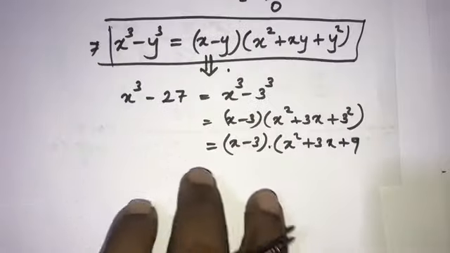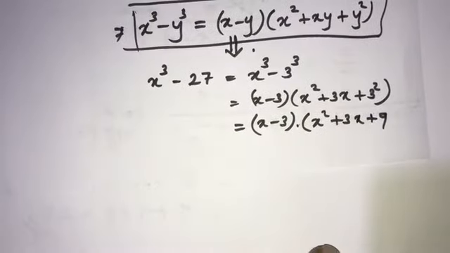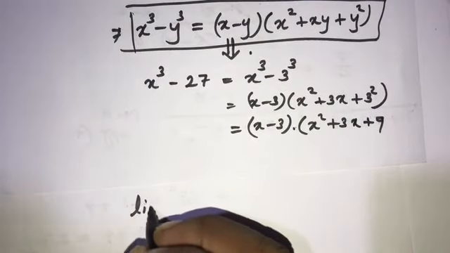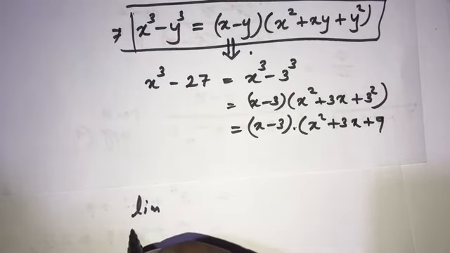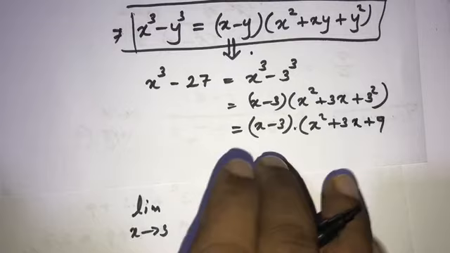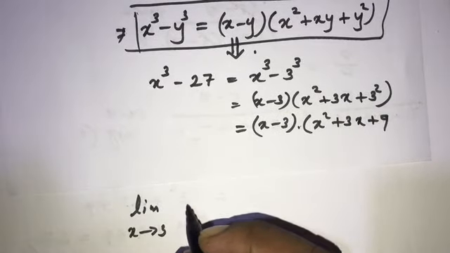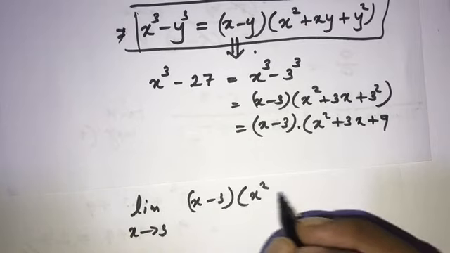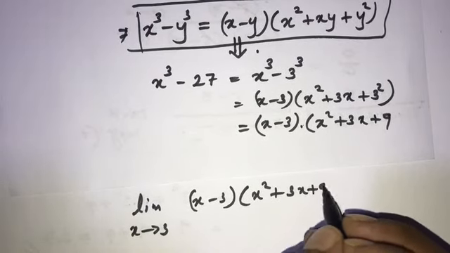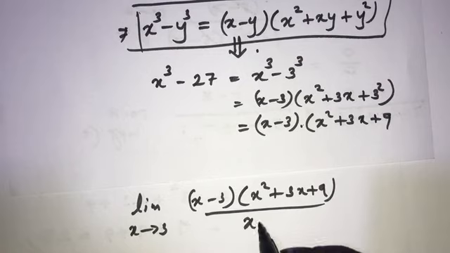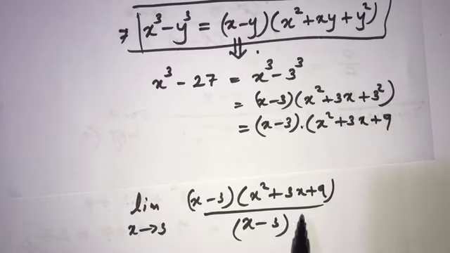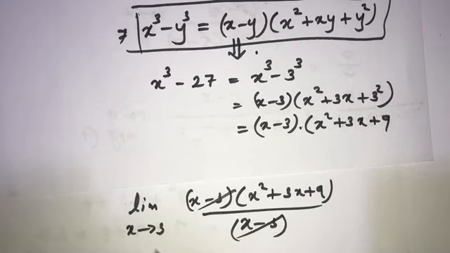So the problem is limit x goes to 3. We can write the numerator like this: x minus 3 times x squared plus 3x plus 9, over x minus 3. Dividing out the common factor, x minus 3 gets cancelled.